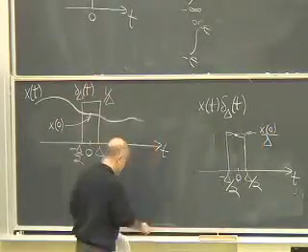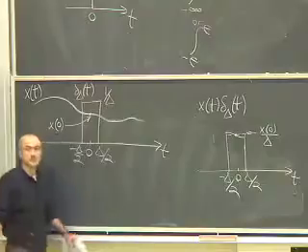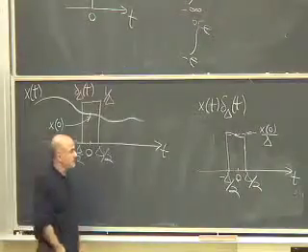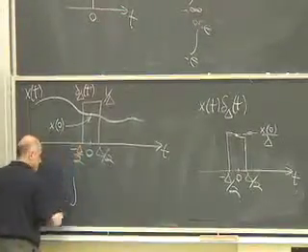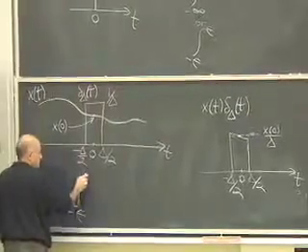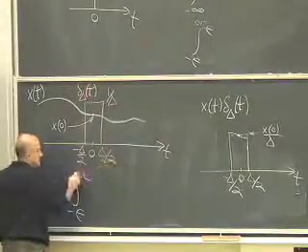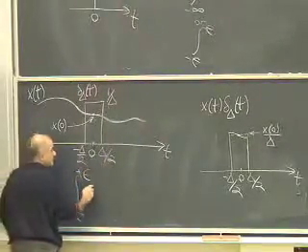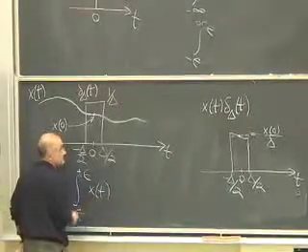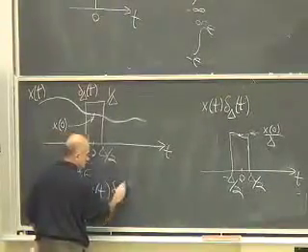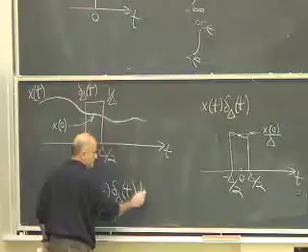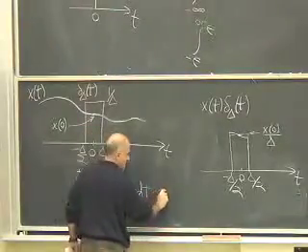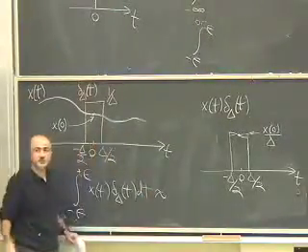Now, the integral of x of t times delta sub delta of t dt. Can you give me an approximate value for this?